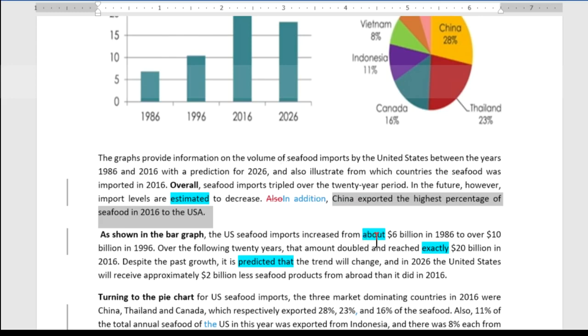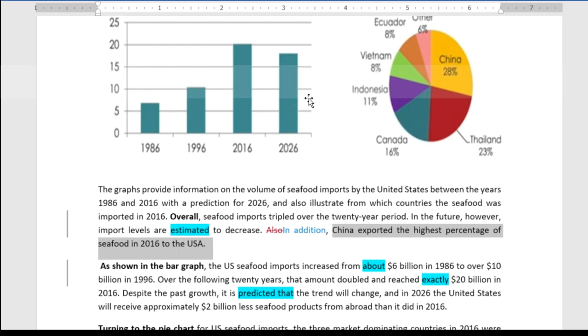And so this precision is important, and this about the estimation here and the prediction, the acknowledgement that this is a prediction. This is really important. If you mention this like it's a fact, like it will decrease, that is no good. You have to mention it using language of forecasting. Right?